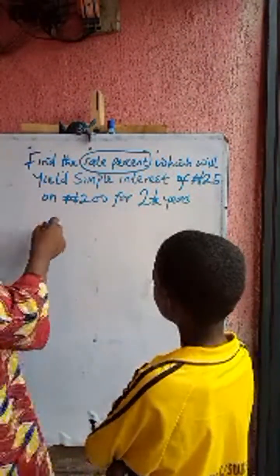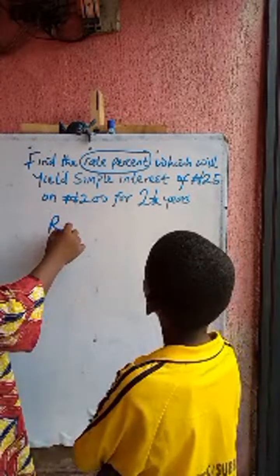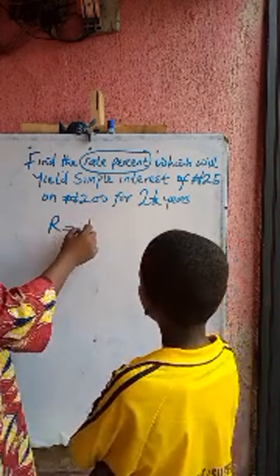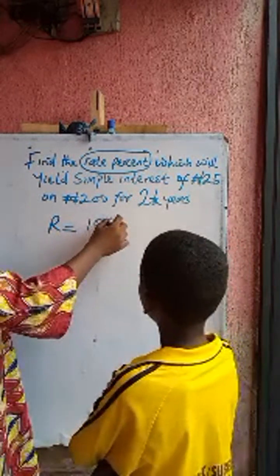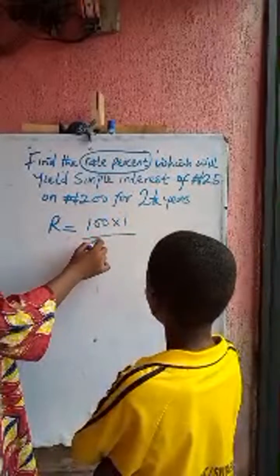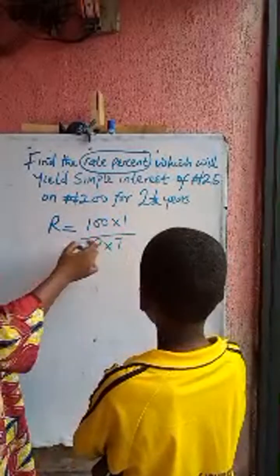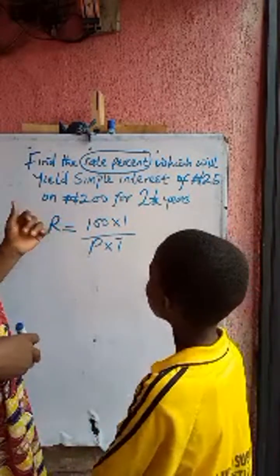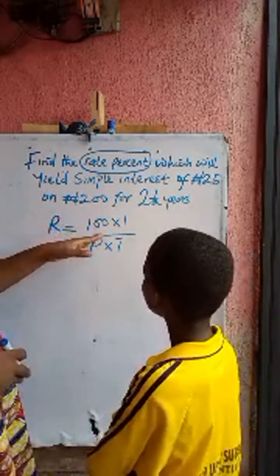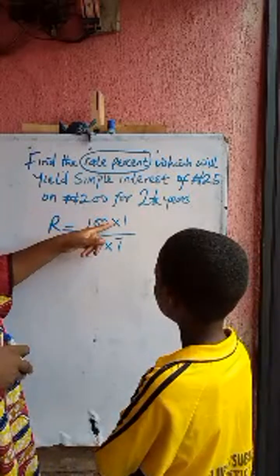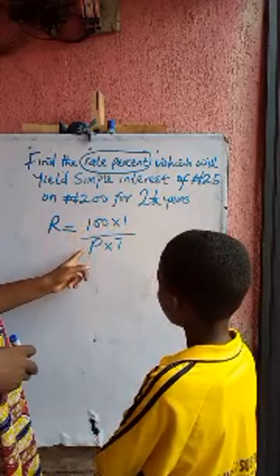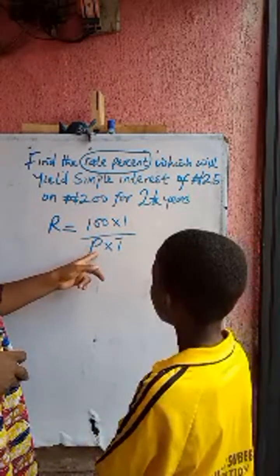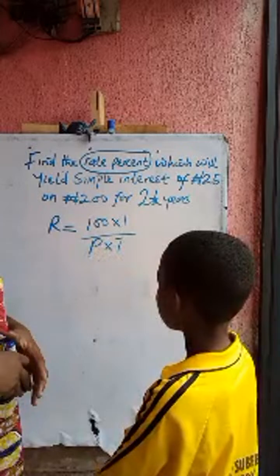If the question wants you to look for the rate, the formula is 100 times 1 divided by principal times time.